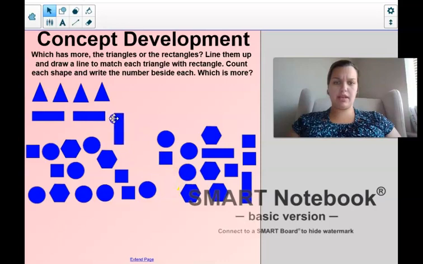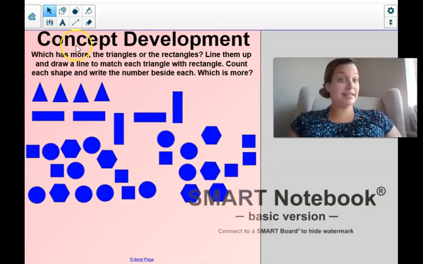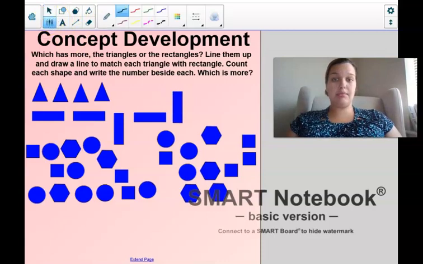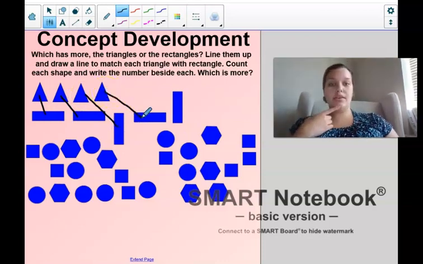We're going to have more triangles or rectangles? Let's see. We're going to draw a line because look at, they look way different spacing wise. So triangle to rectangle, triangle to rectangle, triangle to rectangle.